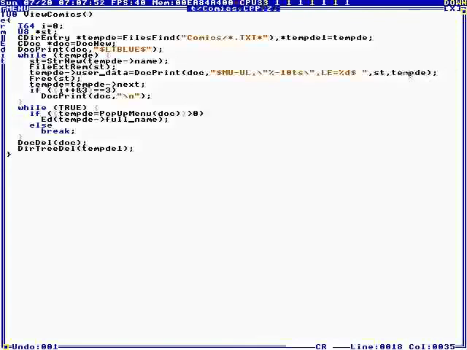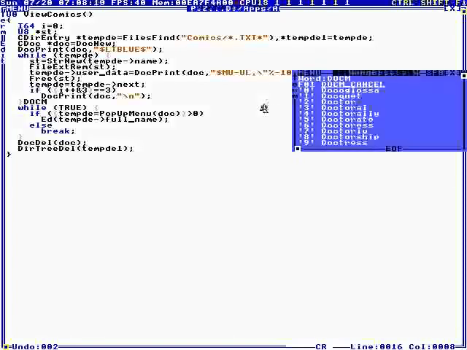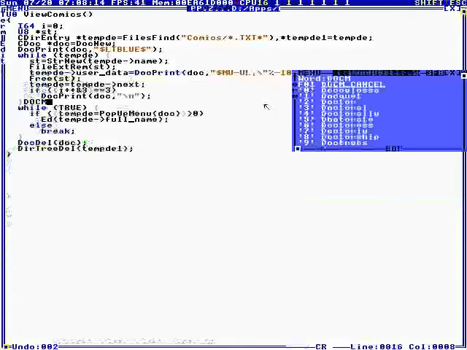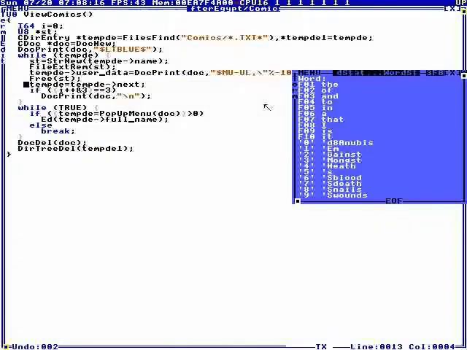There's a couple that are reserved. Cancel is -1. I think you say DOCM_CANCEL. DOCM_CANCEL is -1. That's what it returns if they do escape.